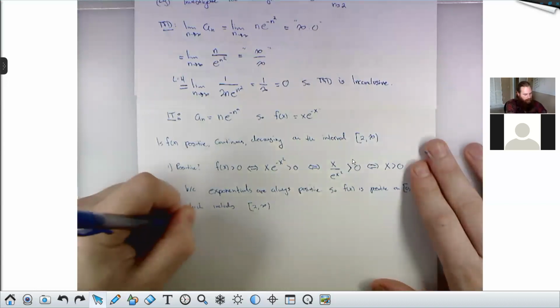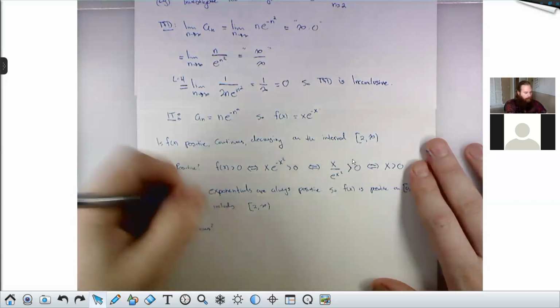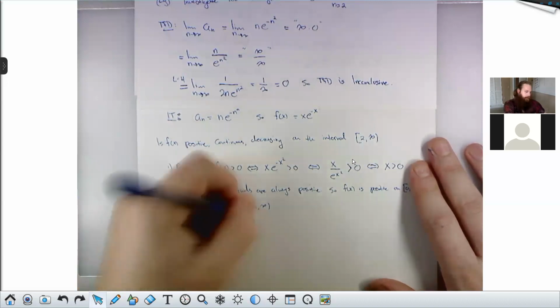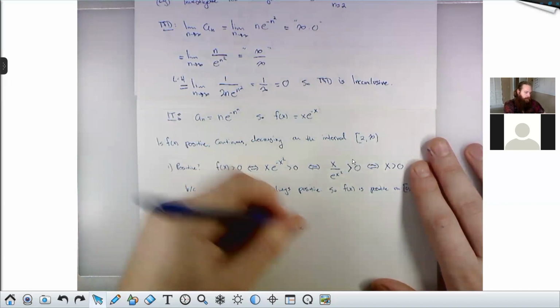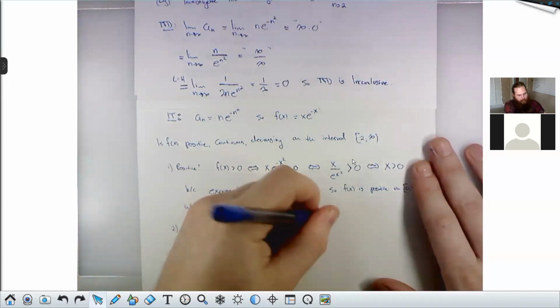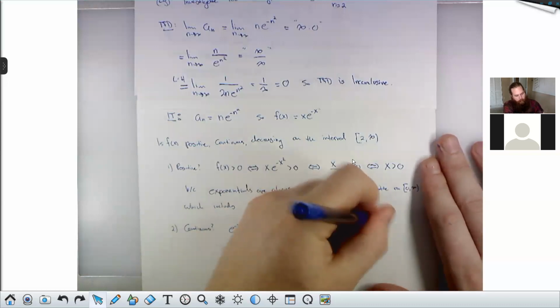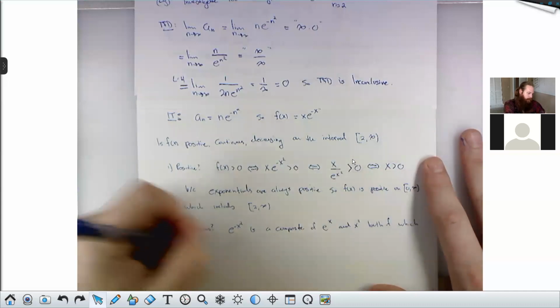Continuous? Yeah. e to the negative x squared is a composite function of e to the x and x squared, both of which are continuous.